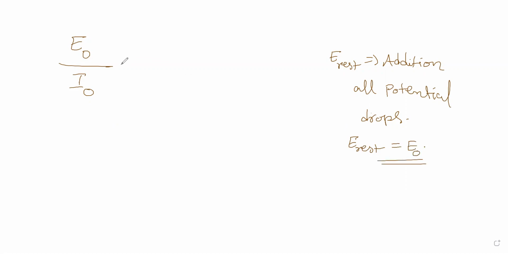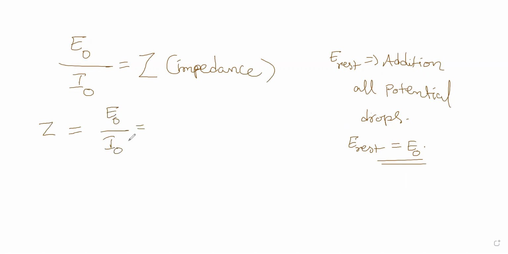So this is what you get. So what is E naught by I naught? It is a new quantity called Z, which is called impedance. So Z is equal to E naught by I naught. The value of E naught by I naught is square root of XL minus XC whole square plus R square.